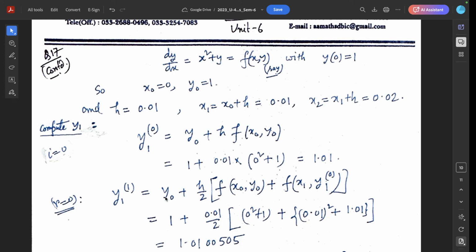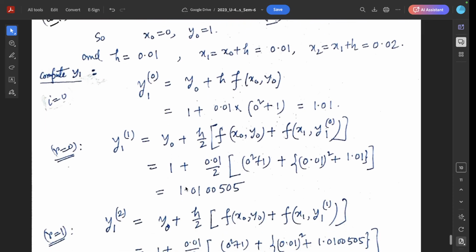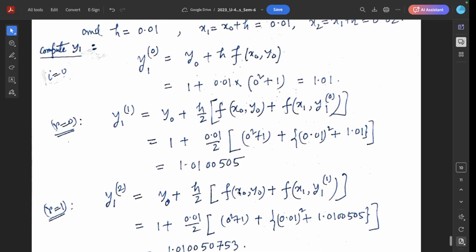Formula of modified Euler's method, y0 plus h by 2 bracket f of (x0, y0) plus f of (x1, y1^(0)), previous value 1.01. After simplification, we get 1.0100505.